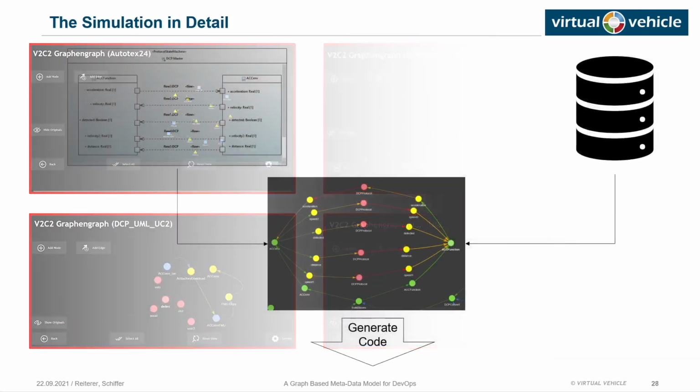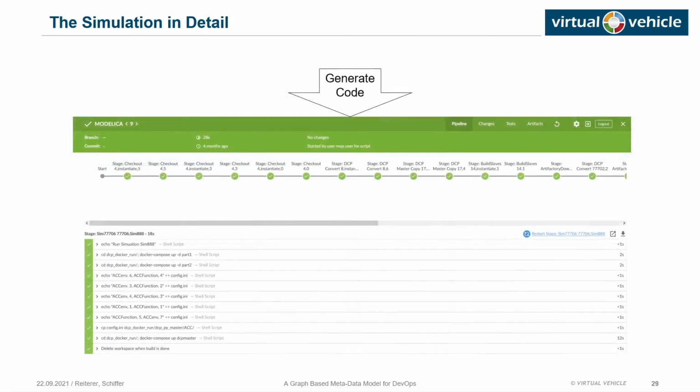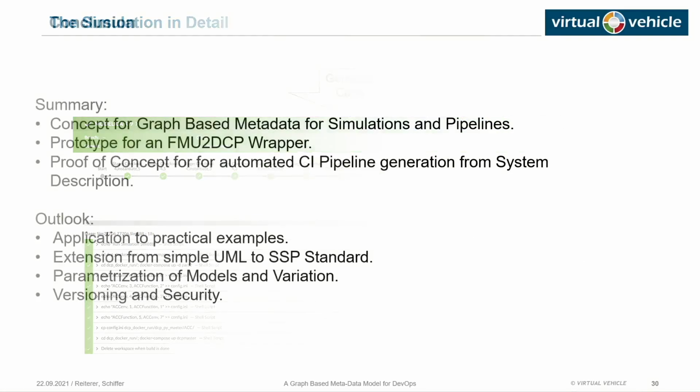We now generate the description of the scenario of the simulation from the UML file, and then collect all the necessary data from the database, connect everything together, and generate the code for the pipeline, which results in our Jenkins pipeline, which is then executed, runs the simulation, and stores the post-processing results.